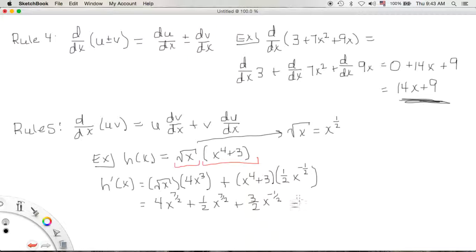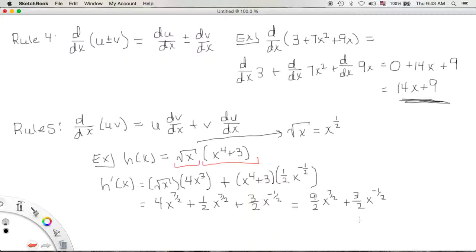And when you simplify that, these have the same x, so we're going to add those together. So that's 8/2 plus 1/2 times x to the 7/2 plus 3/2 x to the -1/2.